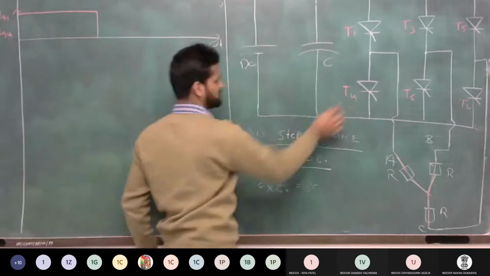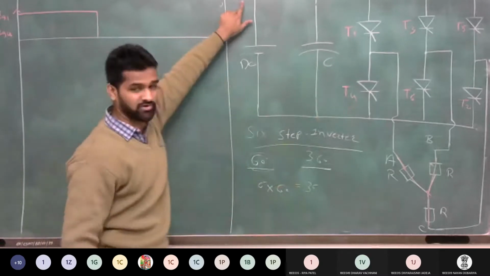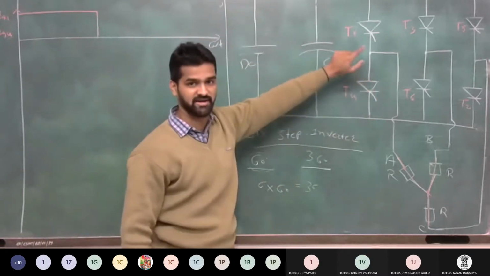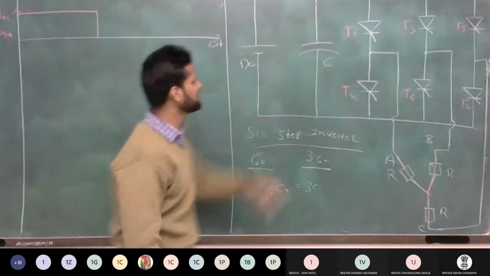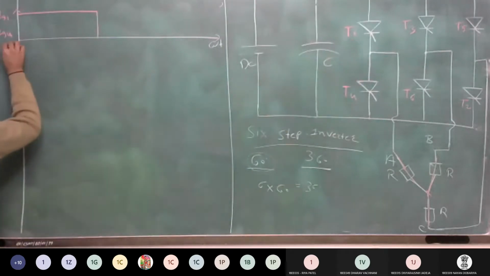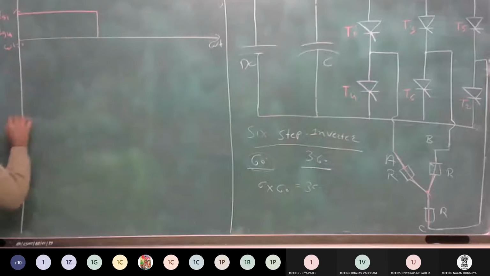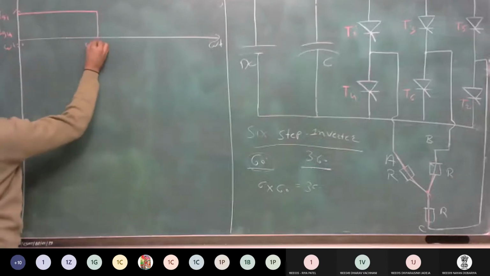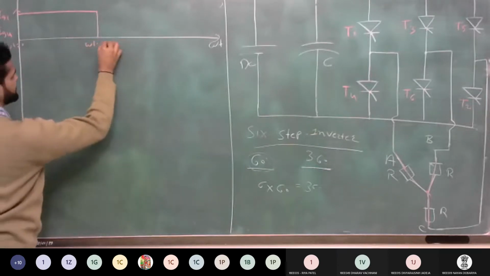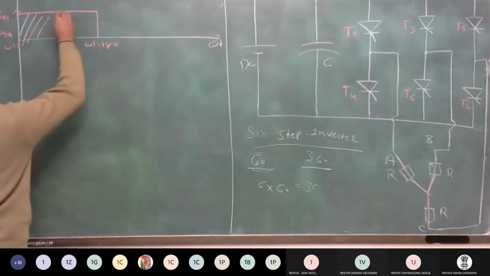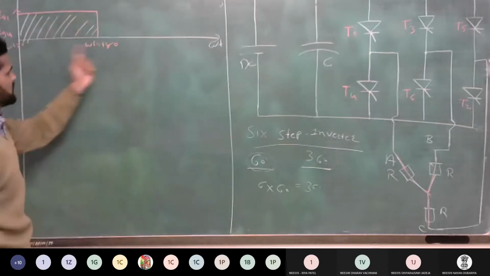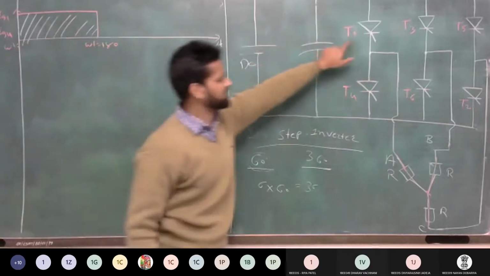So let's do the gate pulse for T1 and T4. As we know, this is a 180 degree mode. Each and every thyristor conducts for 180 degree duration. So T1 is conducting from the start, omega t equal to 0, and it remains conducting up to omega t equal to 180 degree. Clear? This is the gate pulse we continuously provide to thyristor T1.